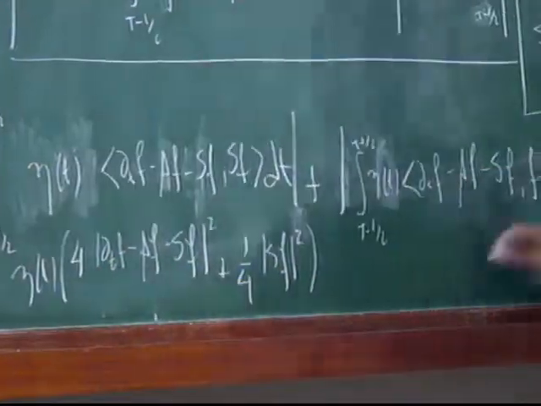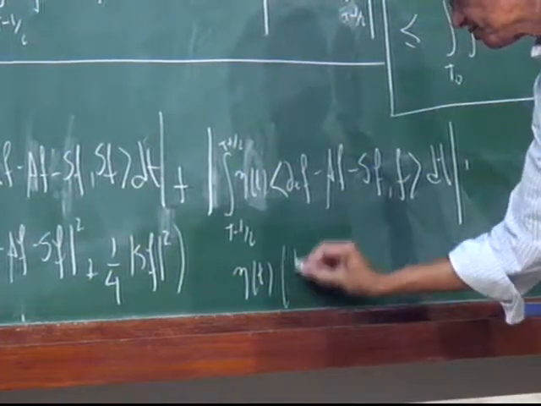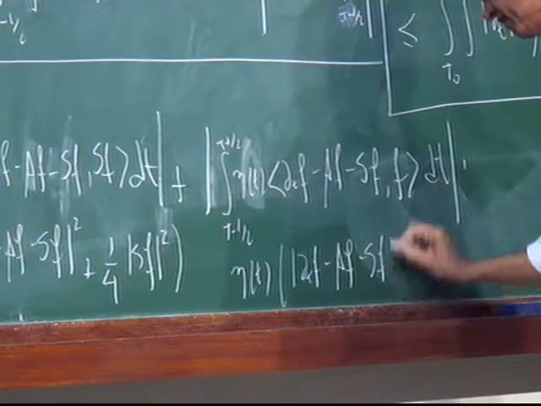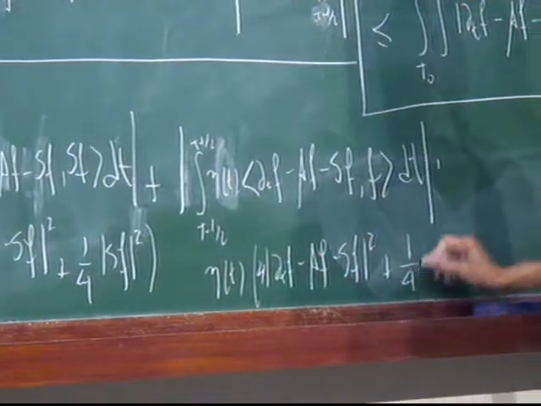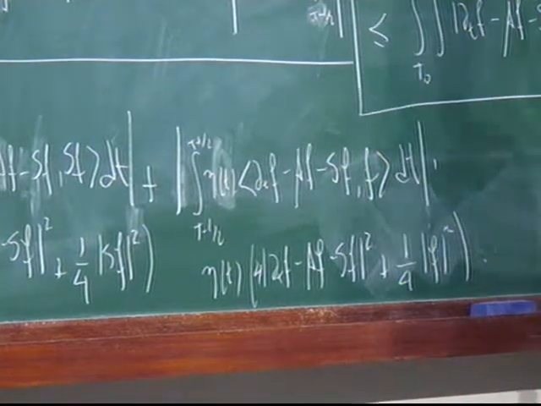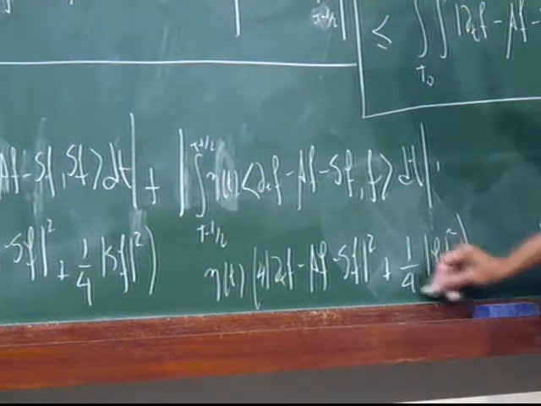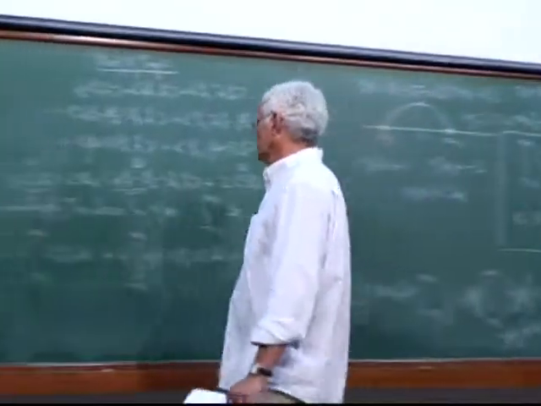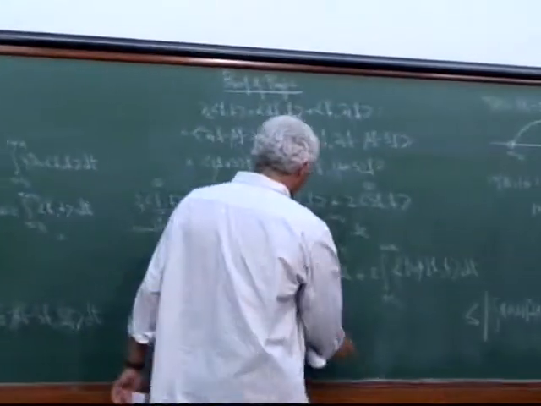And you're going to bound this by the same business, eta multiplied by dt of f minus a of f minus s of f squared, maybe with a 4 and then 1/4 of f squared. And what do you do with this part? This part is going to be absorbed by this and this.